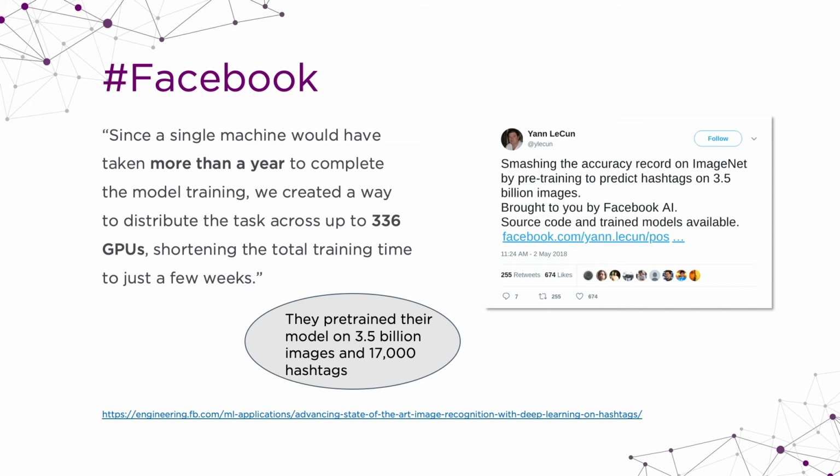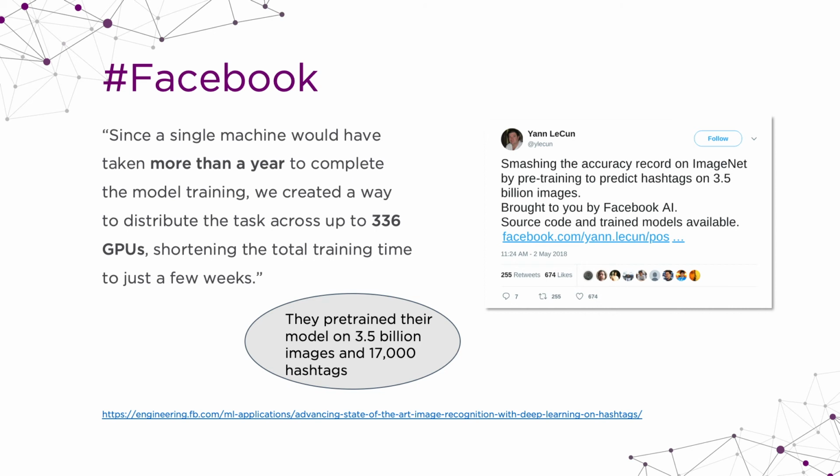If they had trained this on a single machine, they estimate it would have taken them more than a year to complete the model training. So what they had to do was distribute this across 336 GPUs. And using 336 GPUs, it still took, quote unquote, just a few weeks of training time. So you can imagine the complexity of this network.